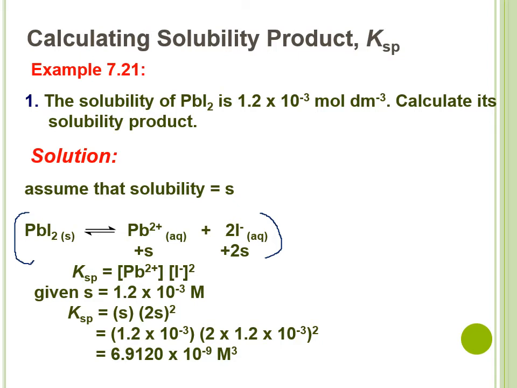Ksp now is equal to 1.2 times 10 to the power of negative 3 multiplied by 2 times 1.2 times 10 to the power of negative 3, and this one will be to the power of 2. So press your calculator. The answer would be 6.912 times 10 to the power of negative 9 molar to the power of 3.